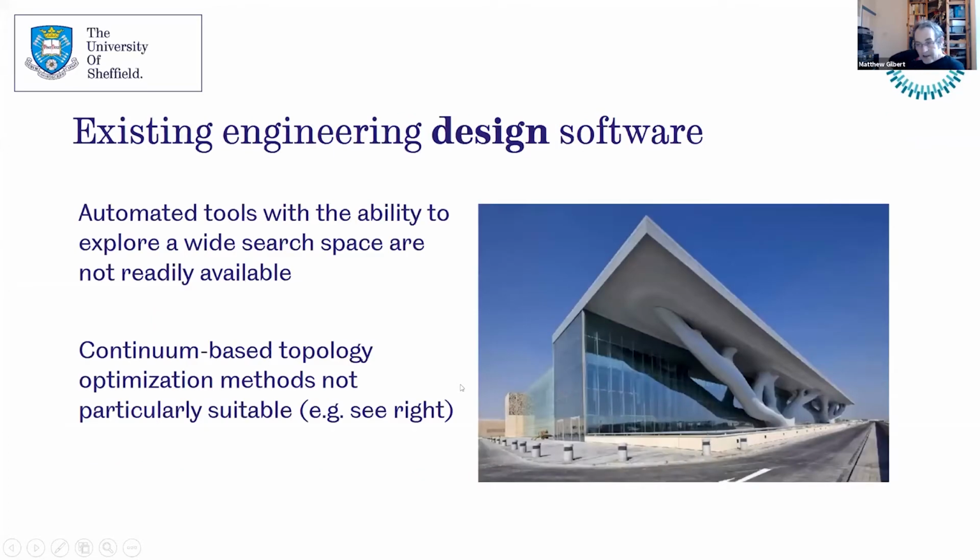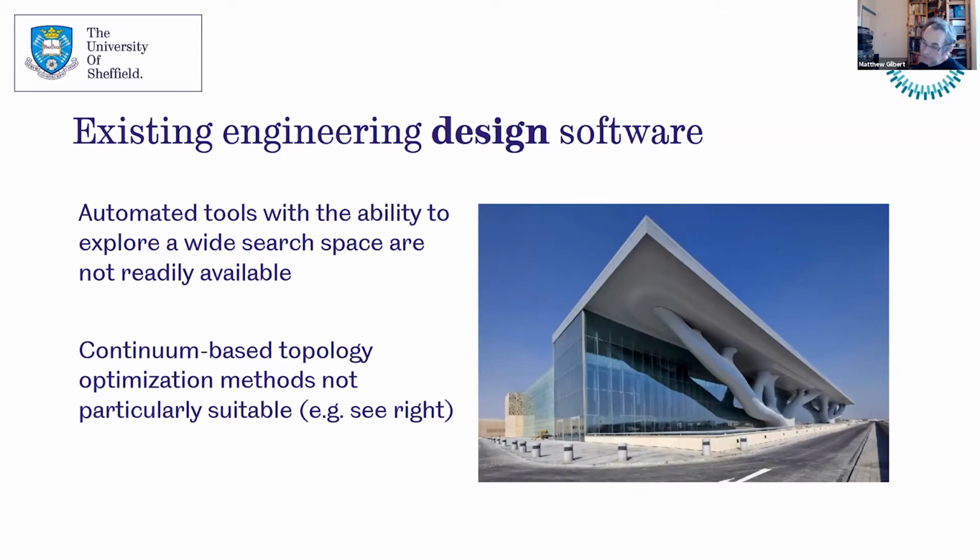On the design side of things, automated tools with the ability to explore a wide search space are not readily available in the civil and structural engineering application area. On the other hand, in some other areas, for example, aerospace and automotive, continuum topology optimization tools are available.